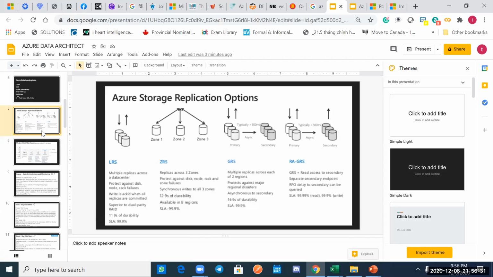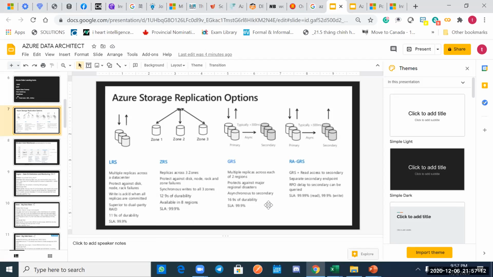Whether you need it available in 3 zones, or your users are mainly in one zone so you don't care about other zones being replicated, and you would prefer replicating across different data centers, which is the default option. It really depends on your business. But remember, if you choose one and something happens because of your choice, that is your fault. The SLA here is 99.9%.